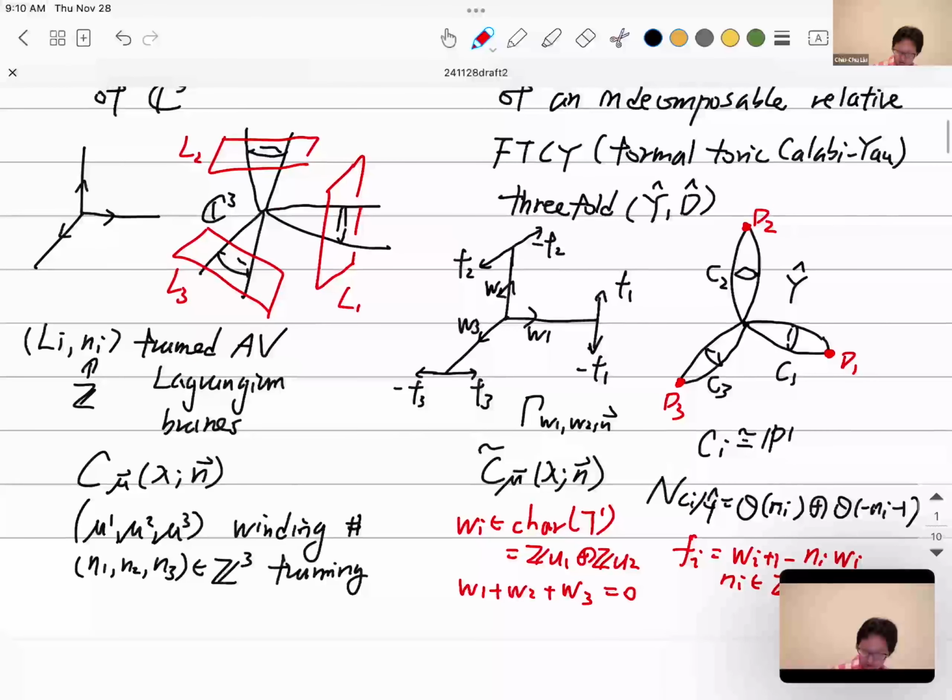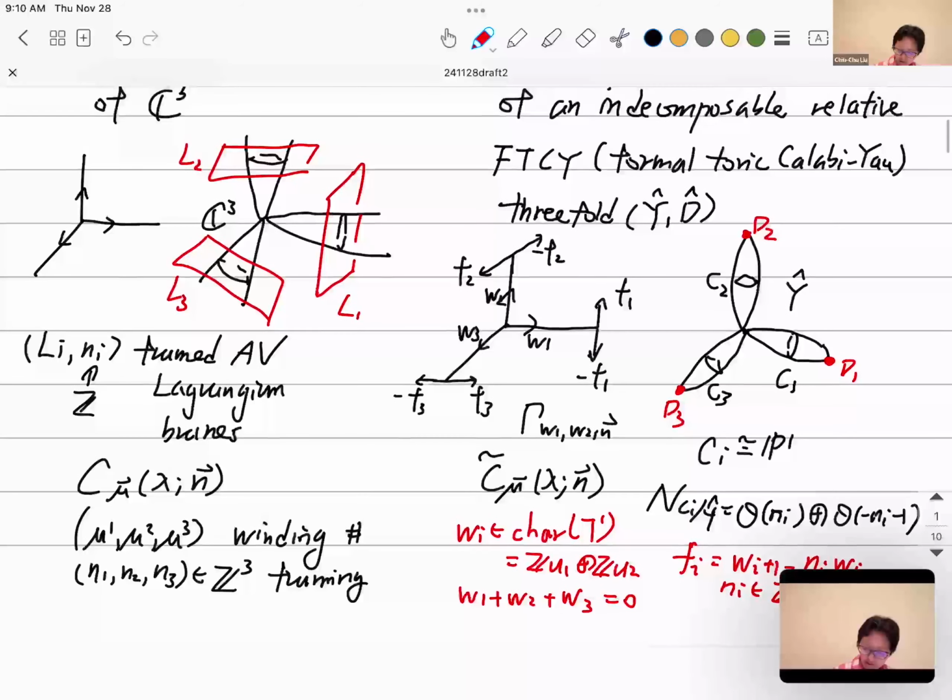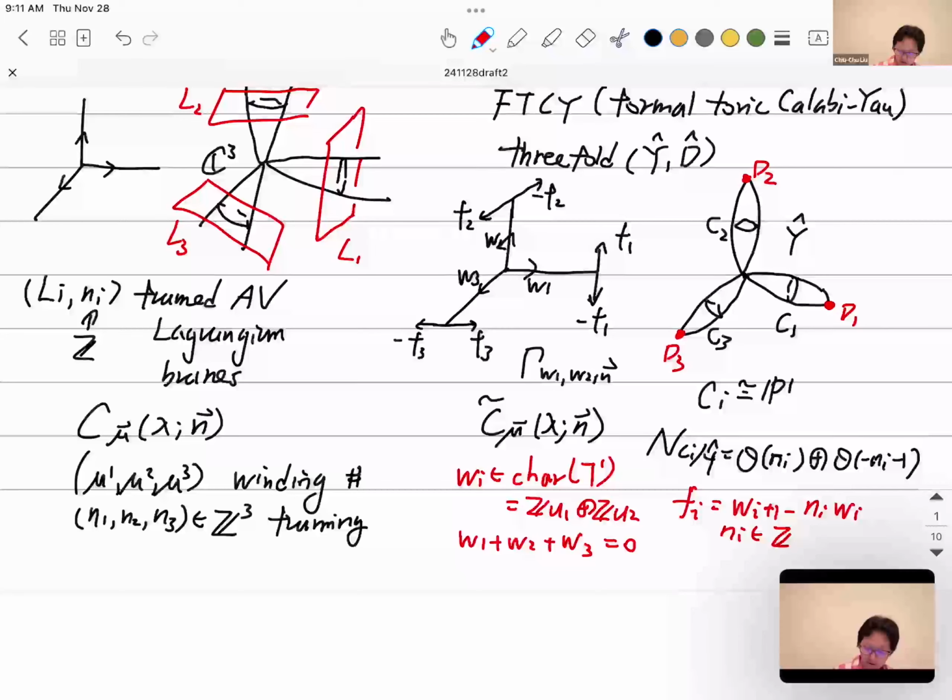So this is the most general indecomposable relative formal toric Calabi-Yau threefold. So what does it depend on? It depends on W1, W2, and N1, N2, N3, since W3 is the negative of W1 plus W2, and the Fi's are determined by the Wi's and the integers Ni.